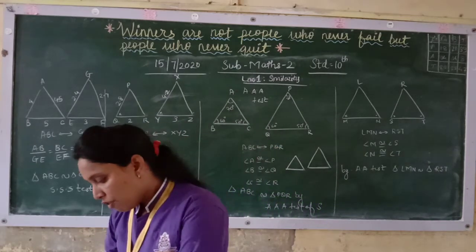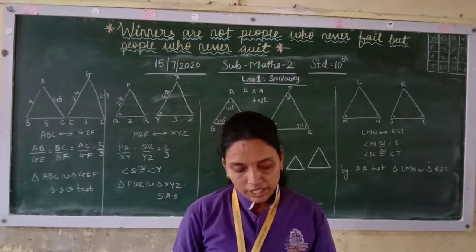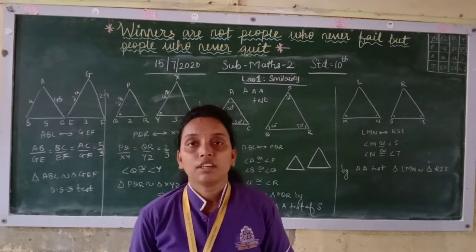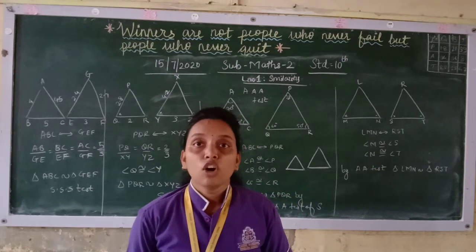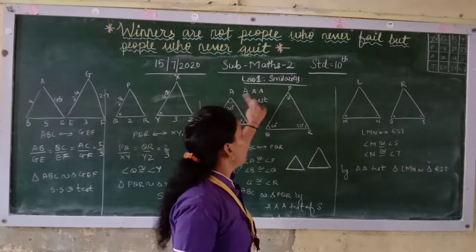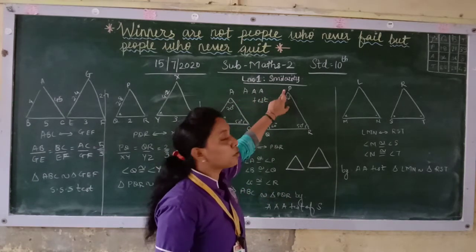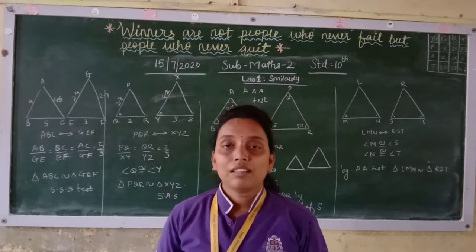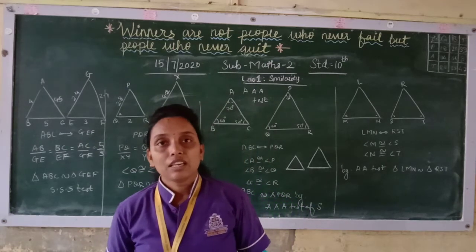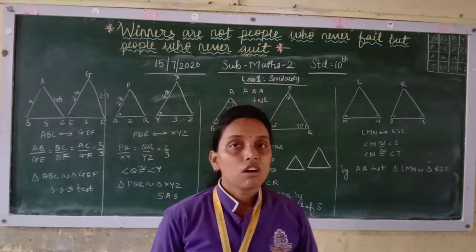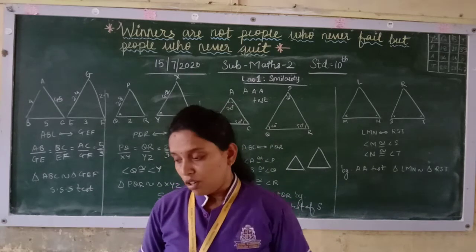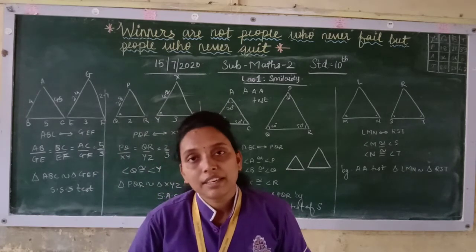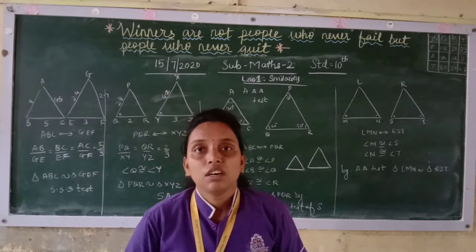So for a given one-to-one correspondence between the vertices of two triangles, if their corresponding angles are congruent, one from this triangle, other from the other triangle, and the corresponding sides are in proportion, then you can call the triangles similar. That correspondence is known as similarity, and the two triangles are called similar triangles.